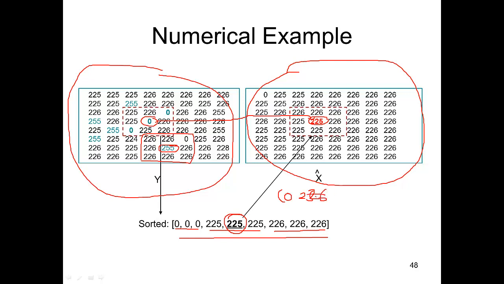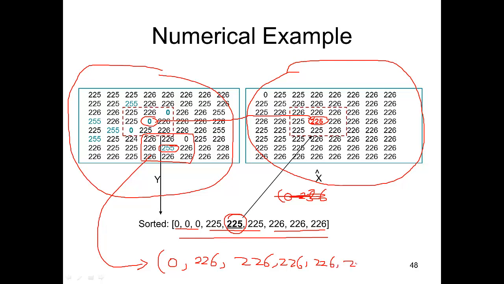We have 0, then 226, and so on, up to the biggest value, which is 255.